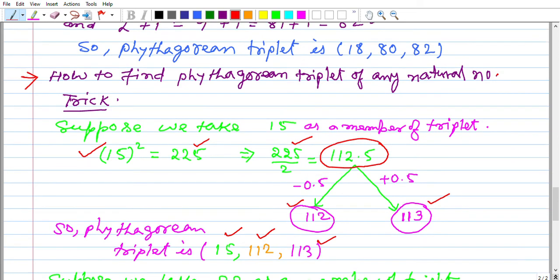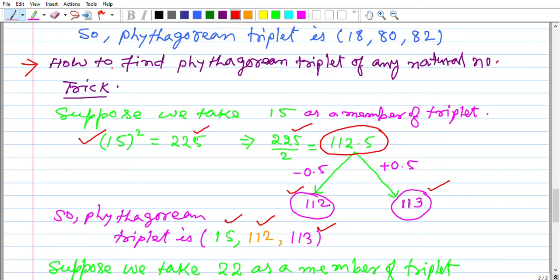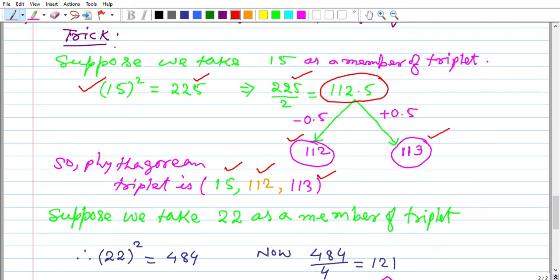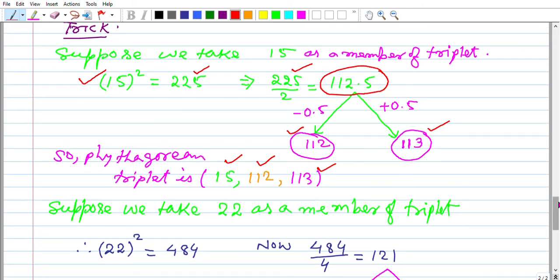Now the next question. Suppose we take 22 as a member of the triplet. Square of 22, you know, is 484. Now it is divided by 4. We get 121.